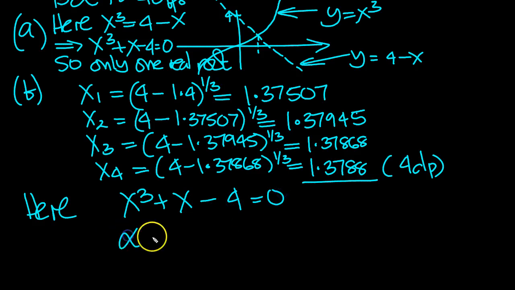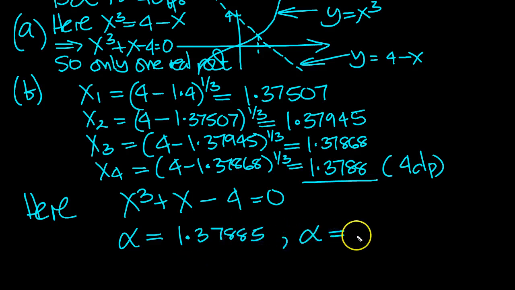So if we have an alpha solution is equal to 1.37885, and if alpha was equal to 1.37875, if the x value, let's put the x value here and try x. I think that's the best way to mention it.